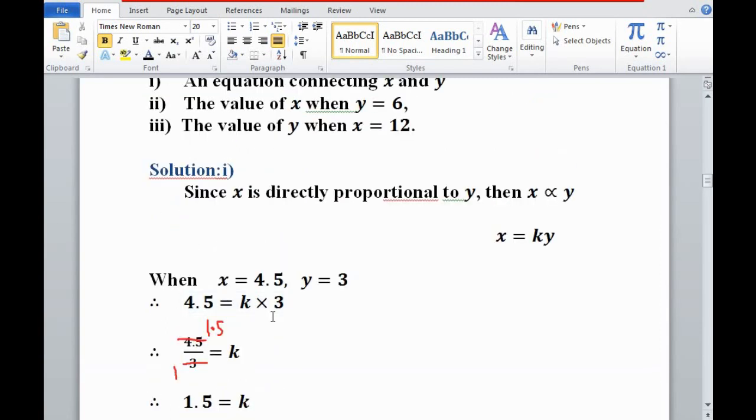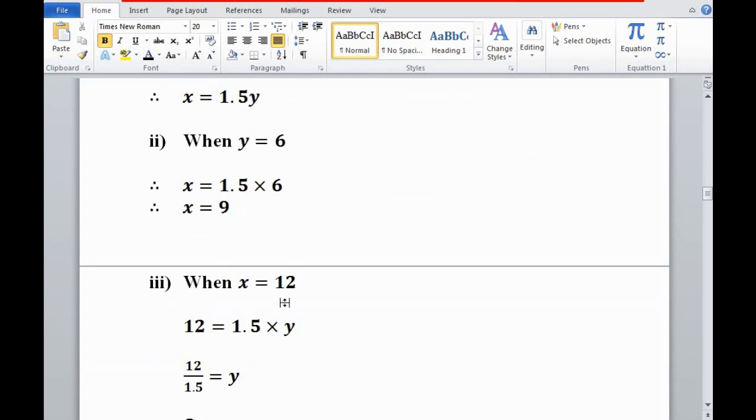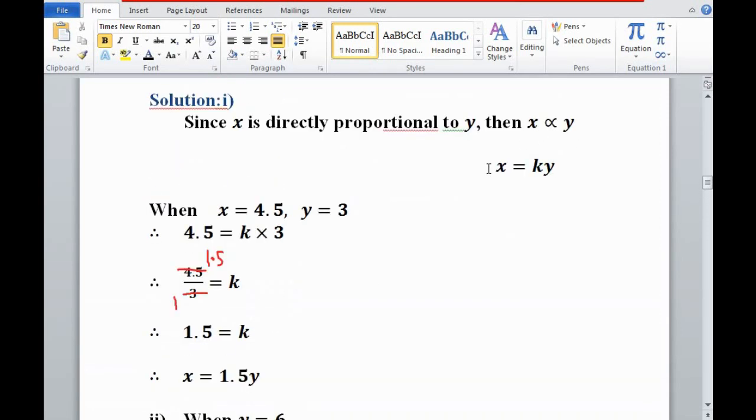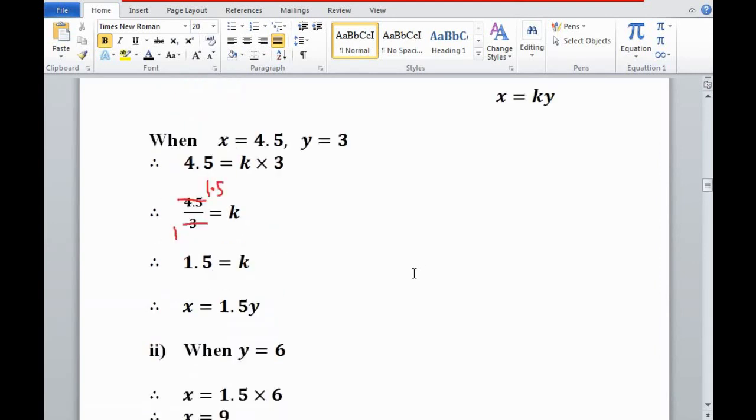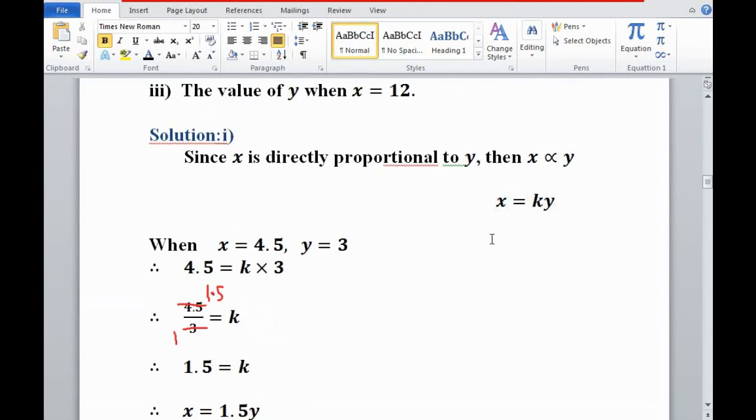Now third part from the question is to find the value of y when x equals 12. Okay, when x equals 12, we will substitute the value of x and k in this equation to find y.